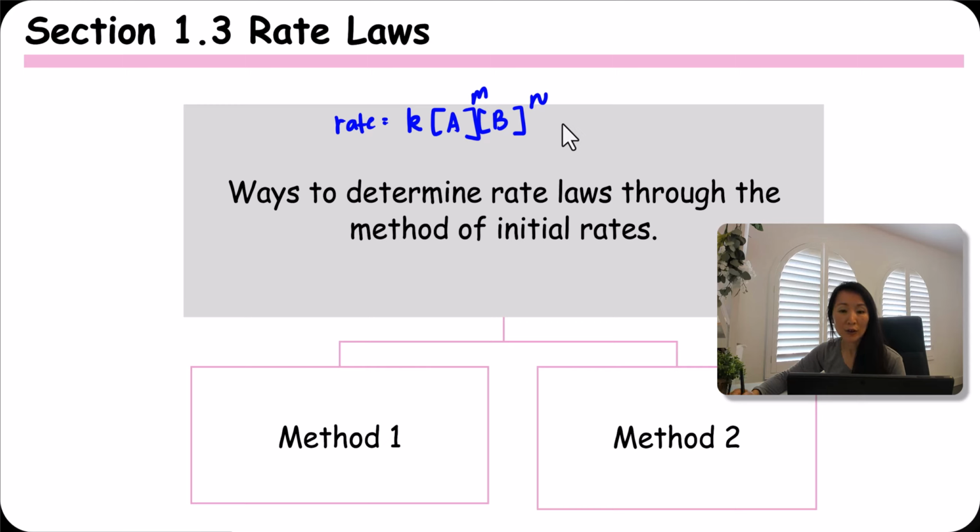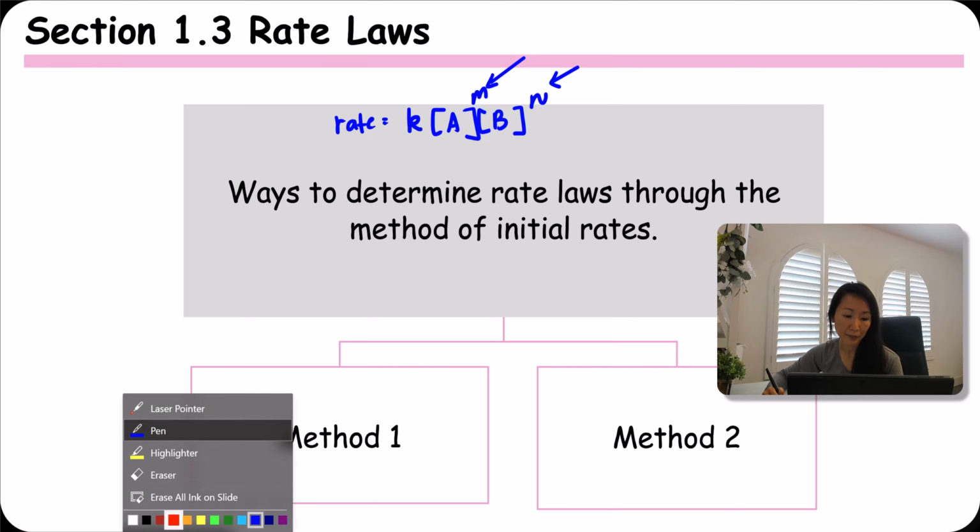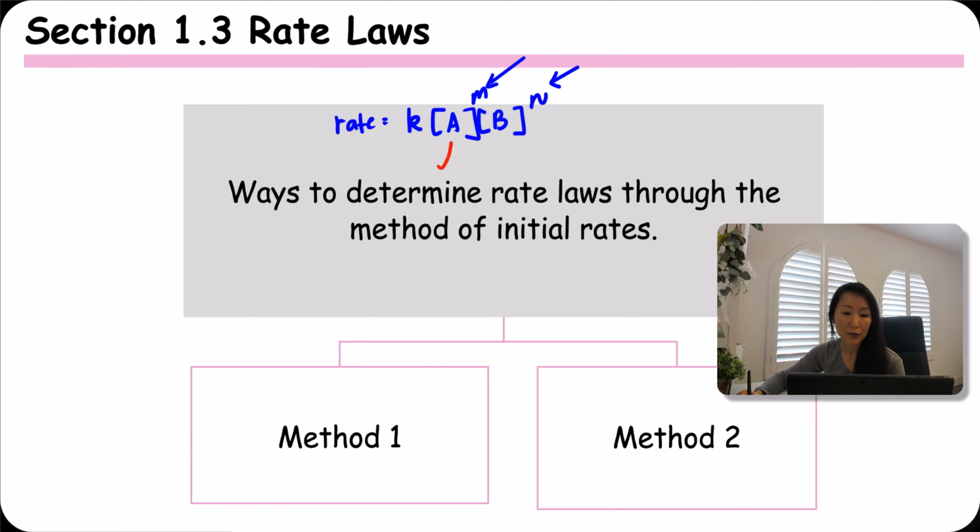We have given you these values, the reaction orders M and N, but I haven't shown you any examples or solved any problems where we have, say, the A and B concentrations and even the rate.